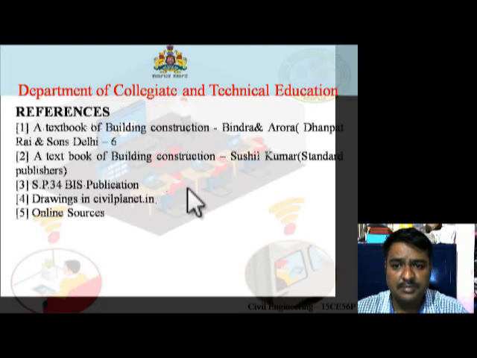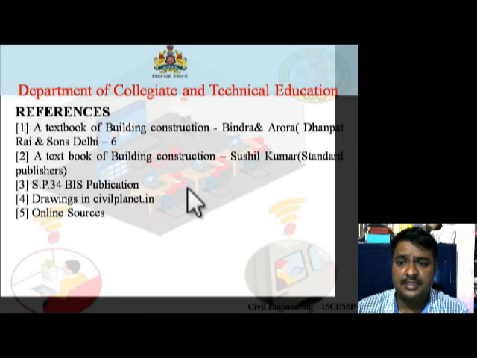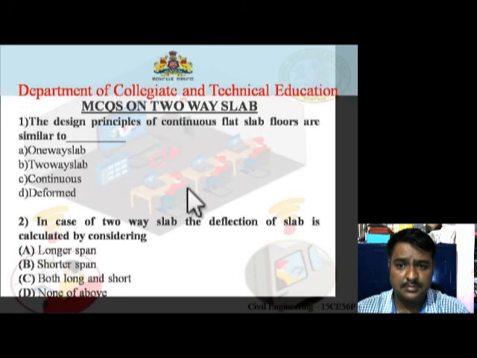Then these are some references I have gone through, and if you are interested, please go through these textbooks and any other RCC textbook for the two-way slab. Then MCQs. The next part of this experiment is MCQ, multiple choice questions on two-way slab.